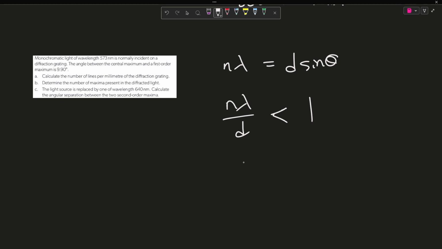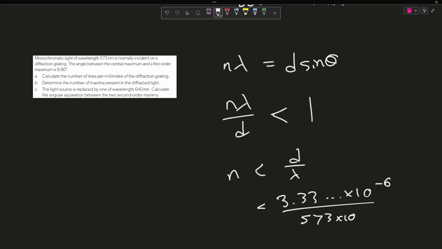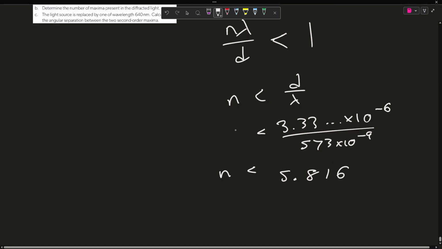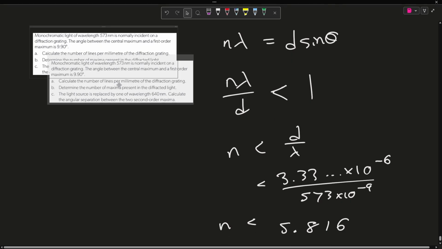This means that n is less than d over the wavelength, which is the same as 3.33 times 10 to the minus 6 divided by 573 times 10 to the minus 9, so n is less than 5.816, which means that n has to be 5, because n is an integer.